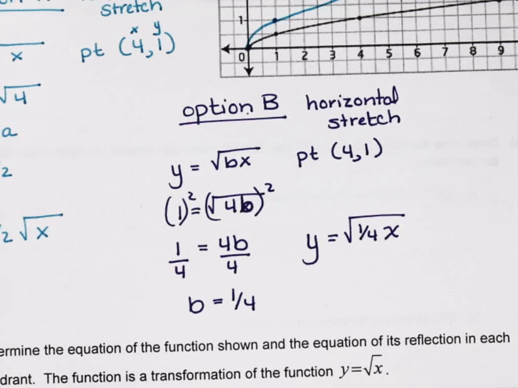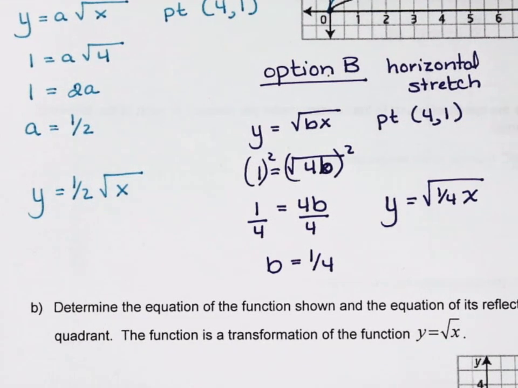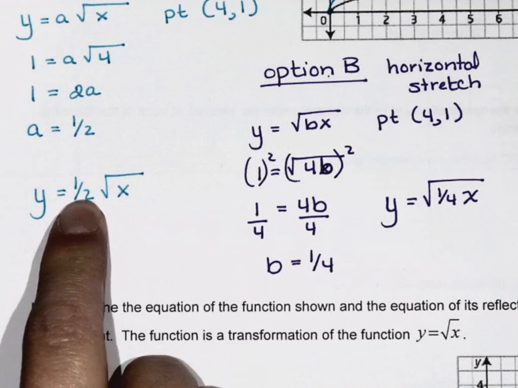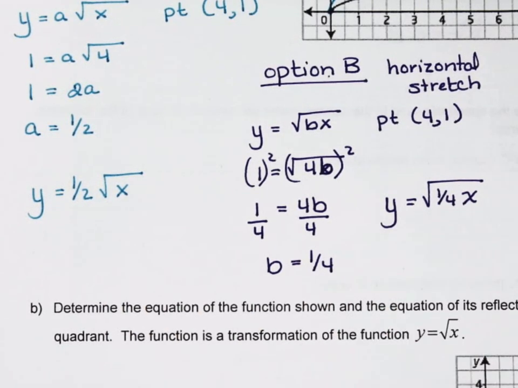Can I just simplify the radical? So you can do y equals a half multiplied by root x. Wouldn't that be exactly that? Yeah. So this is telling us that we're taking our y values and timesing them by a half, and this is telling us that we're taking our x values and timesing them by 4, correct? That's what that tells me.